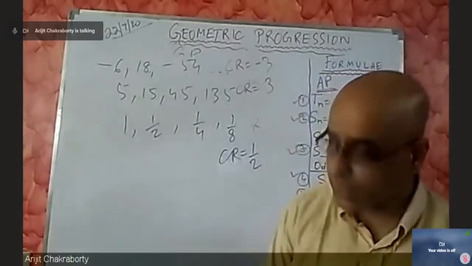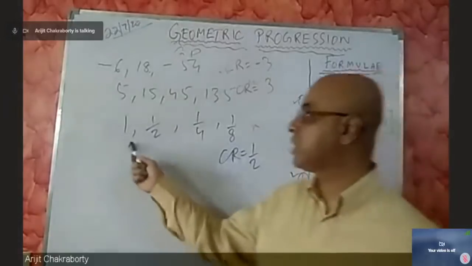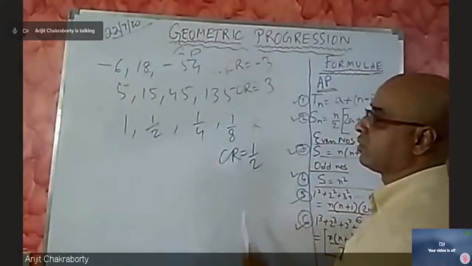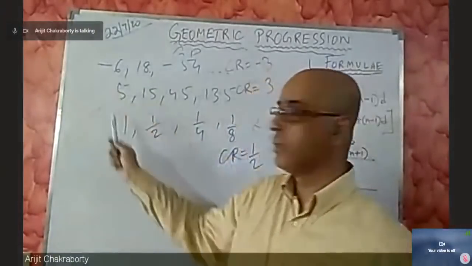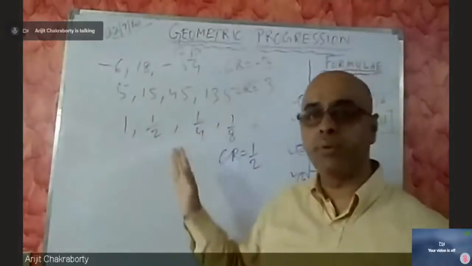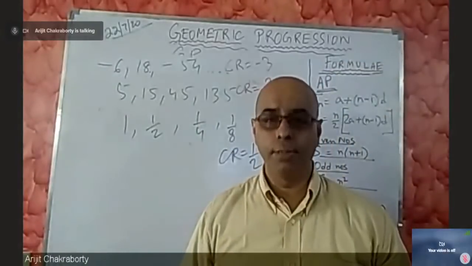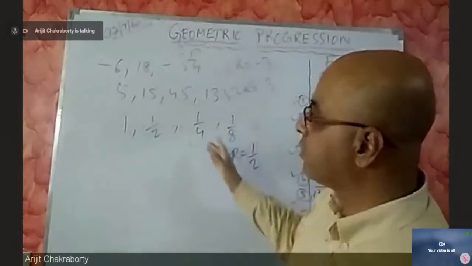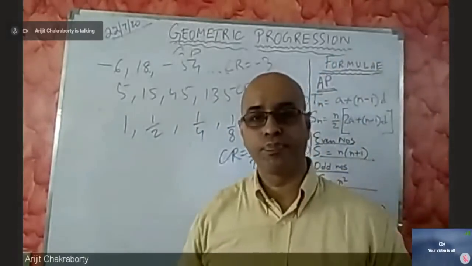Since it is half, you can understand this also is a GP. So all the three sequences which you see here are GPs, geometric progression, and I have also computed the common ratio for each of them, right?